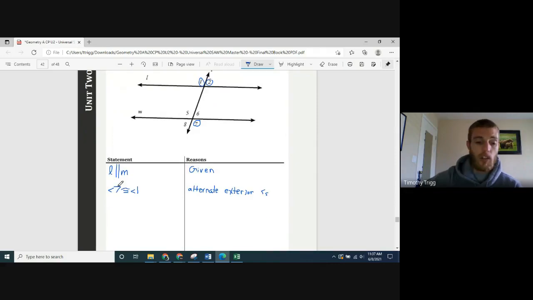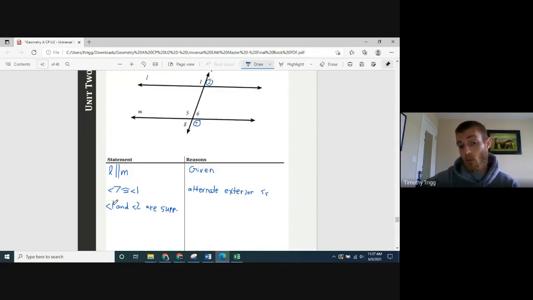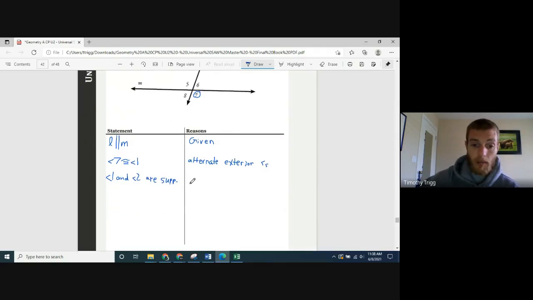Well, angle 1 and angle 2 are supplementary because they share that same line together. Do you see how these two share this straight line together? If you recall, when two angles create a straight line together, we call those a linear pair, and a linear pair are always supplementary. So we know angle 1 and angle 2 are supplementary because they are a linear pair.